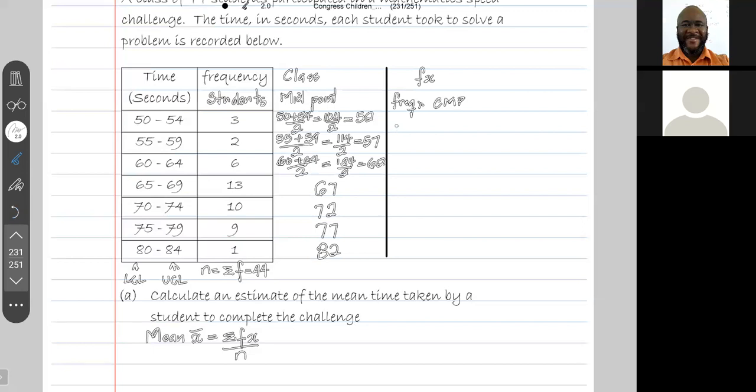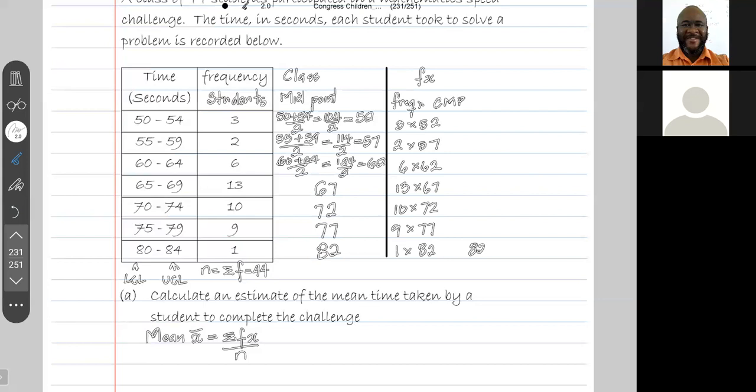So it's going to be frequency 3 times 52, 2 times 57, 6 times 62, 13 times 67, 10 times 72, 9 times 77, and 1 times 82, which is 82.